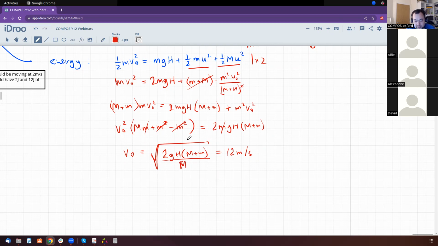So 2 times 10 times 6 divided by 5, 4.89 meters per second. 4.9 meters per second.